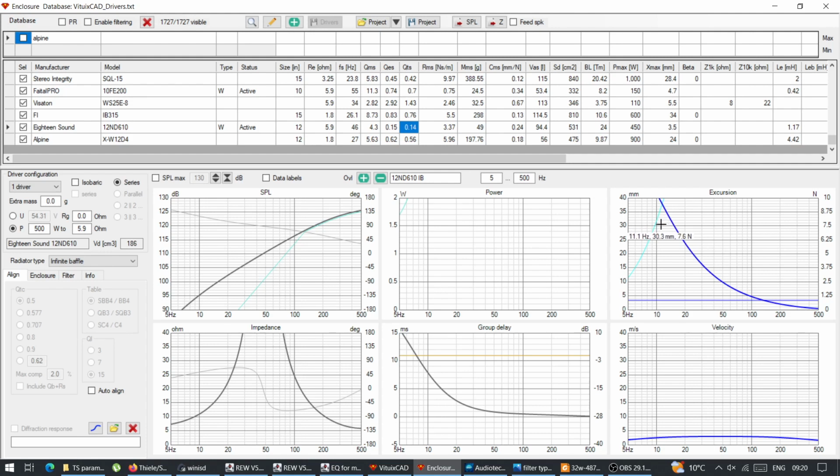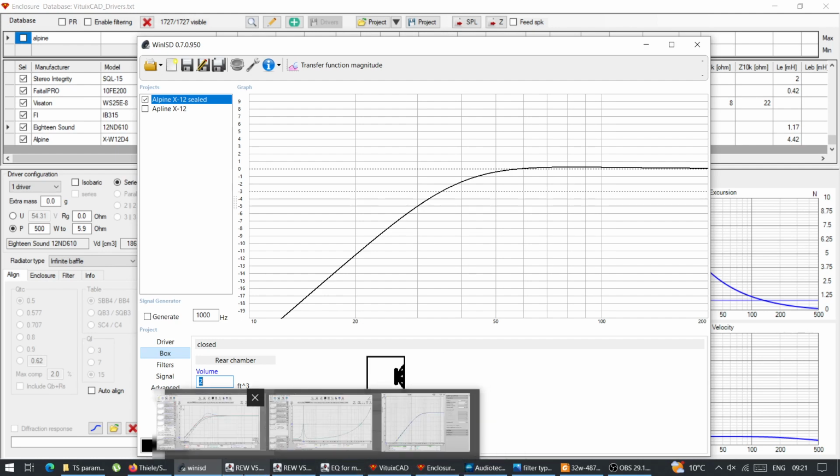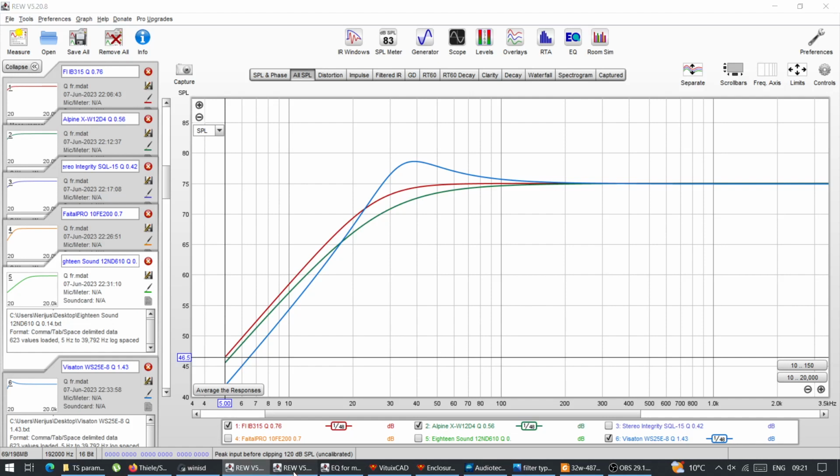You can put a subsonic filter on it, then it just cuts this in free air, or you can have a box, because as I mentioned, in an enclosure the Q changes for sealed and for ported as well, but in a slightly different way. Where is my this one?